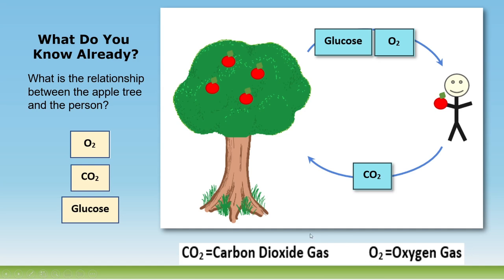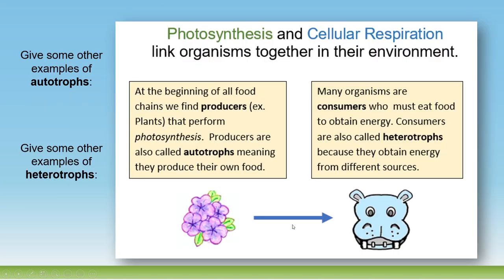But you need to make sure you understand what the chemical formula is telling you. All right, so photosynthesis and cellular respiration. Make sure you flip to your third page here. These link organisms together in their environment.